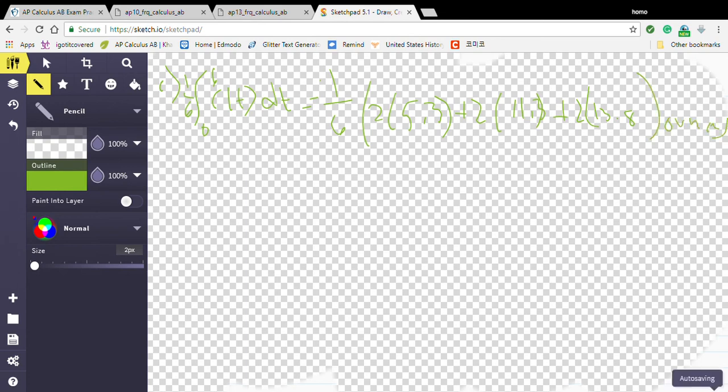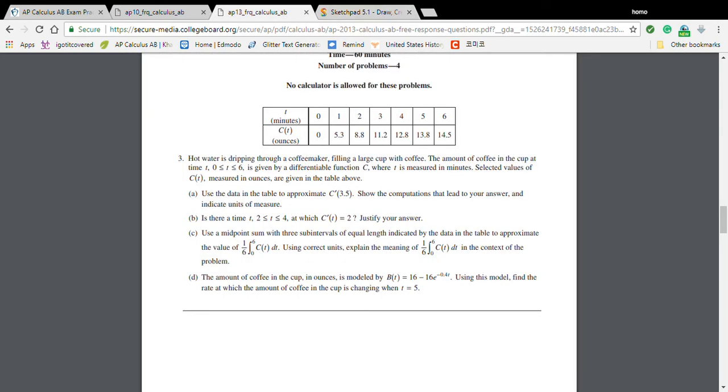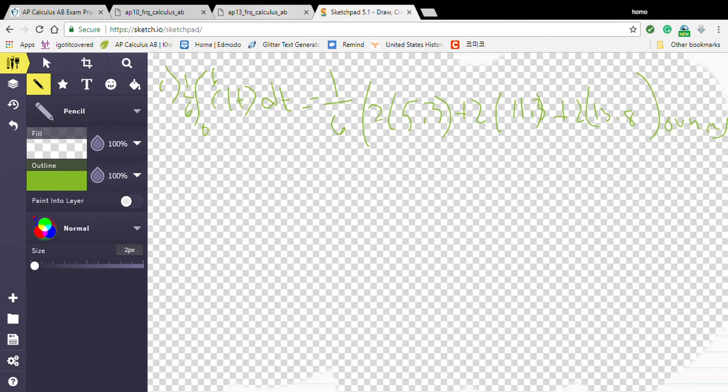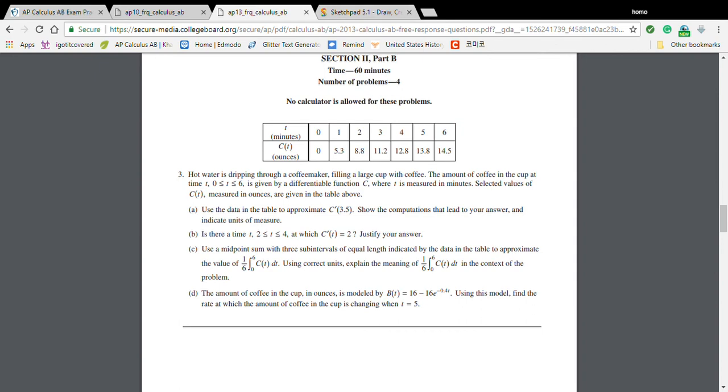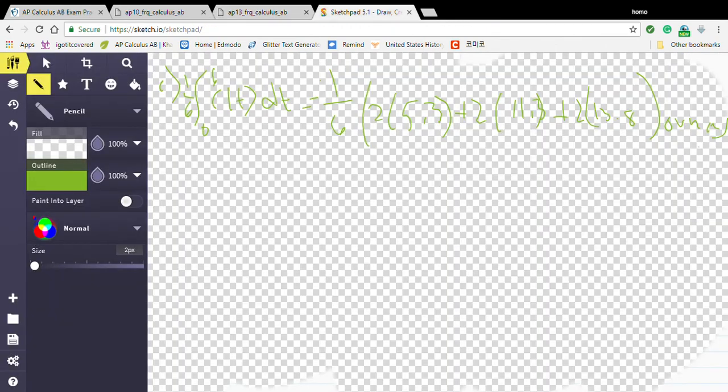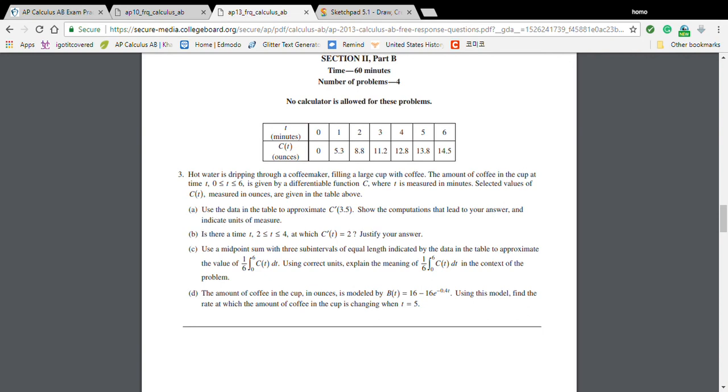You don't even have to calculate this, because this is a no calculator problem and you don't have enough time to sit down and calculate all this. You can just leave it at this, and if you're leaving it at this, don't forget the unit, and then explain the meaning.